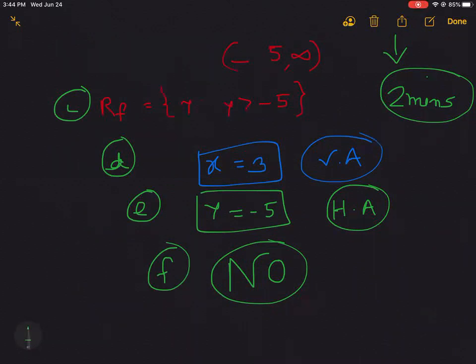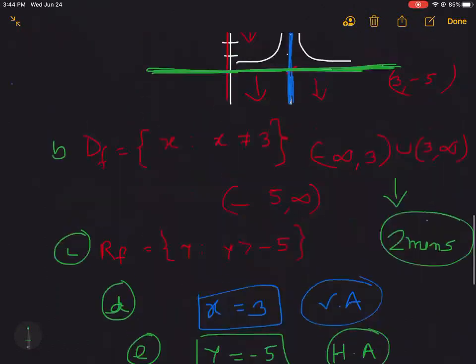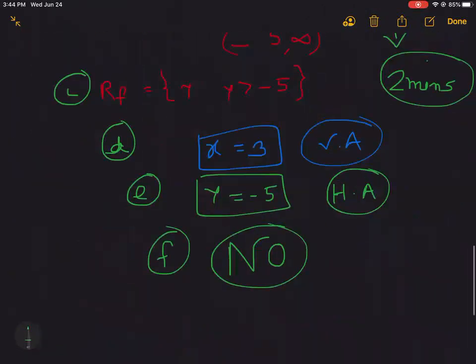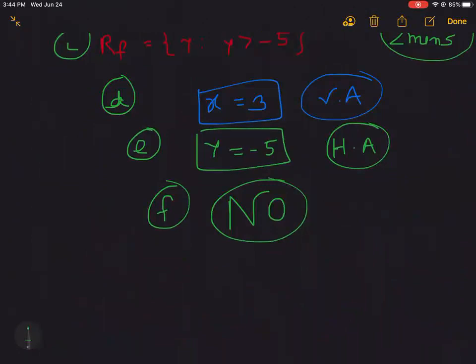Okay, so that's problem 6, I believe. Is it? Yeah, that's problem 6. Next, let's see what was the problem in our list. After 6, we have 7. Okay, let's see 7.